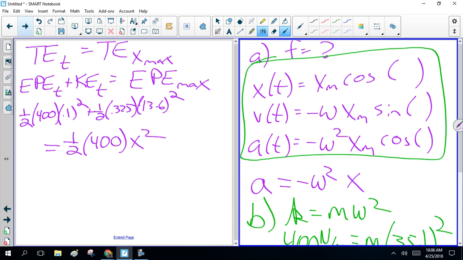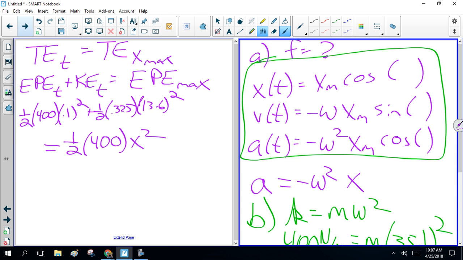Cool? Question? Can you use velocity for that? For what? To find omega? Yeah, I guess you could. The math will get a little uglier though, because you'd have omega once here and once in here. Well, if it's at the time, then isn't it just... It's not the maximum. If you make your time 0, then yeah, I guess so.